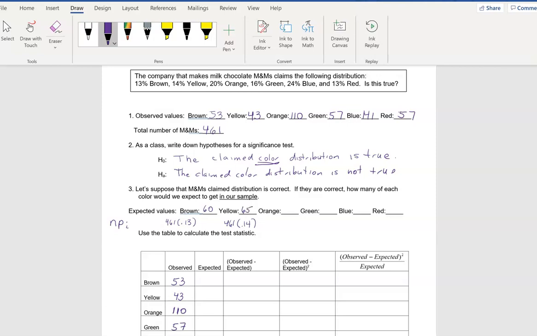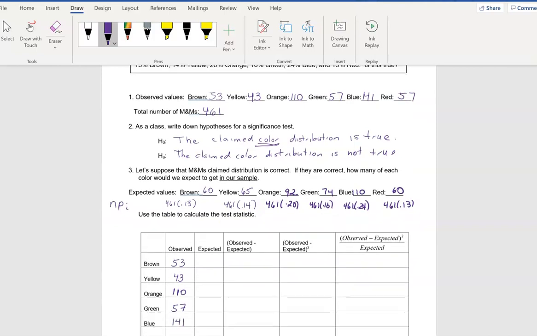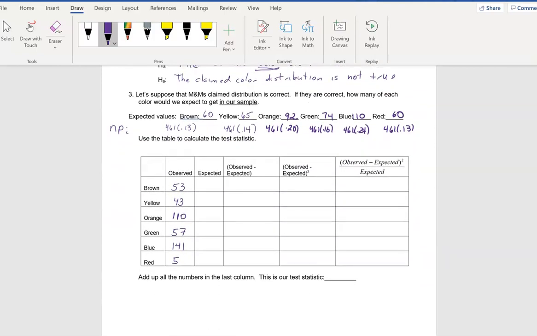I'll put the video on hold. Check to see if you match my answers. The blue I had to round down because when you add up the total, it should add to the 461, so you may have to readjust the rounding. We're going to calculate the chi-squared statistic by hand for today's lesson. I set up a chart for this particular problem, observed and expected count.